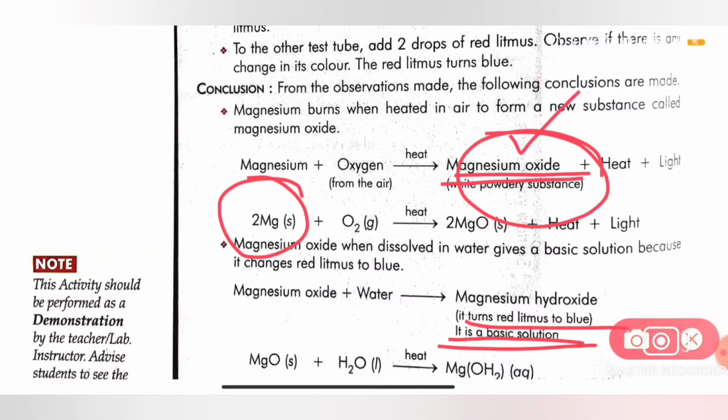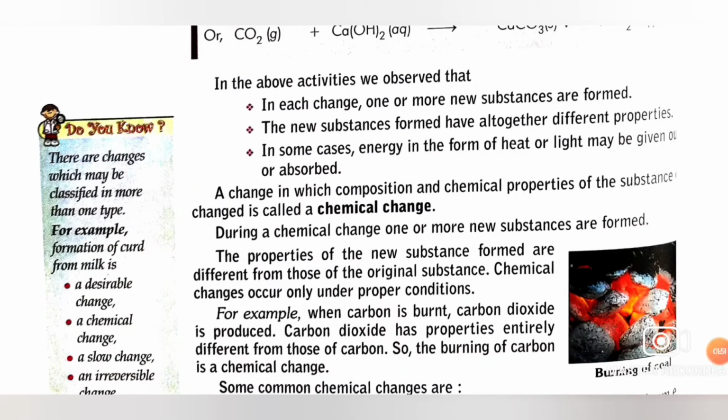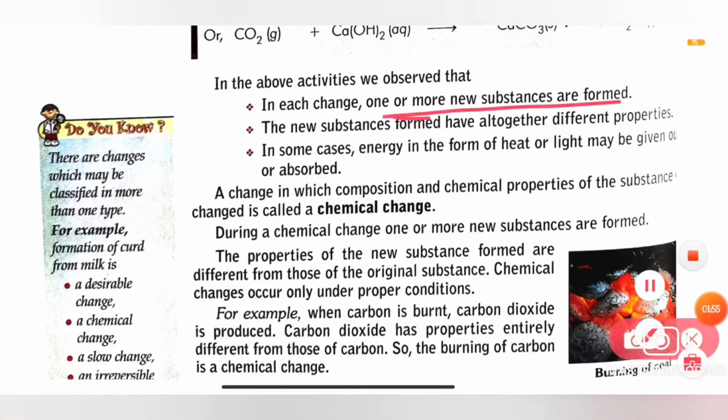So from this we can say that when we are doing such a reaction we are getting a completely new substance. So from this reaction we can conclude that in this type of reaction one or more new substances are formed.